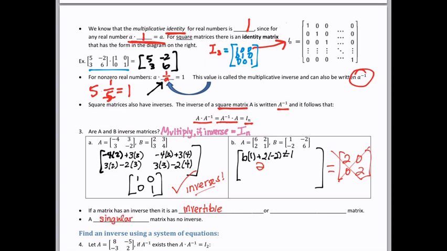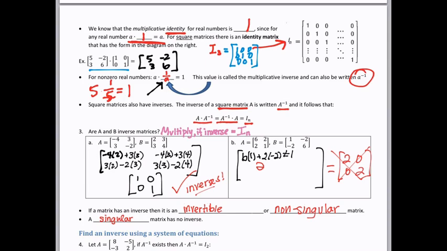Meaning there is nothing that we can multiply it by to get that identity matrix that we would be looking for. So kind of in line with that, on that note, if a matrix is invertible, we call that non-singular. So if a matrix does not have an inverse, singular. If it has an inverse, non-singular.